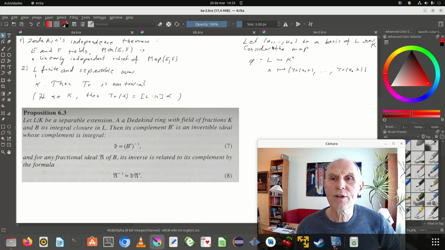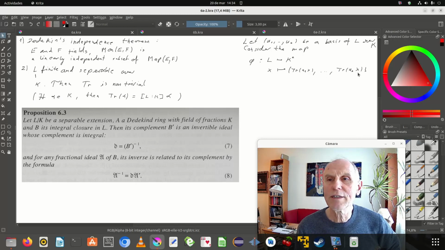Well, the idea is that if L is n-dimensional over K, then we have a basis, and then we can consider the map where an element is mapped onto its trace with each basis vector. This is n-dimensional over K as well as K to the nth. So we can ask, what is the kernel of this map?